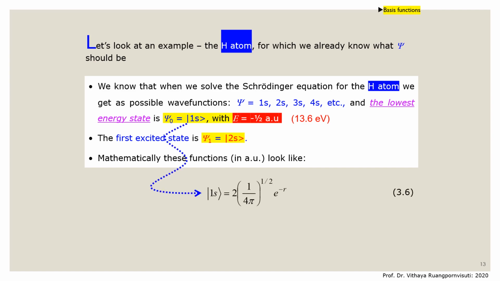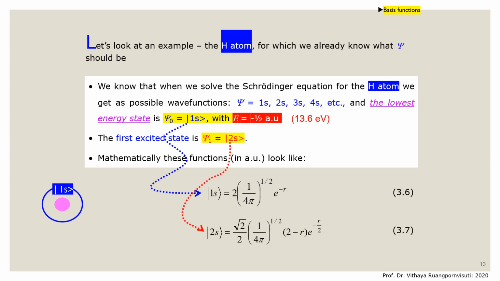For the 1s orbital, we can get exactly the value as shown in figure 3.6. The first excited state is the wave function psi 1, equal to the 2s orbital. The 2s orbital can get the exact value from equation 3.7.